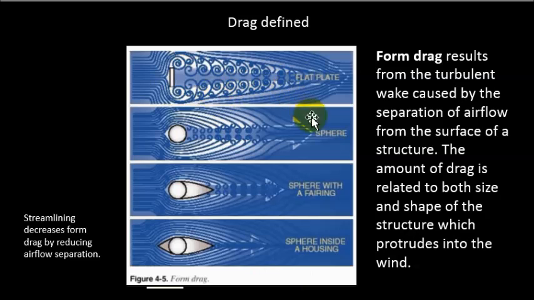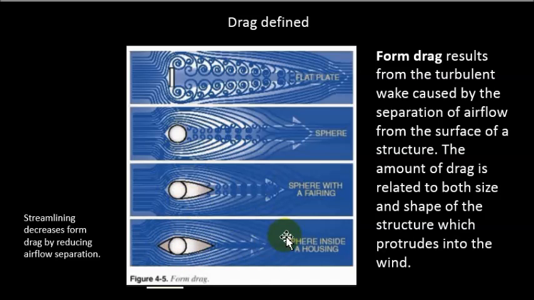And this kind of looks like what you do when you stick your hand out the window. A lot of disturbance going on. But we can see streamlining taking effect, where we got the flat surface, then we got the ball, still some distortion. We put a sphere with a fairing on it, and then we put it all in the housing, and we have very little air disturbance.